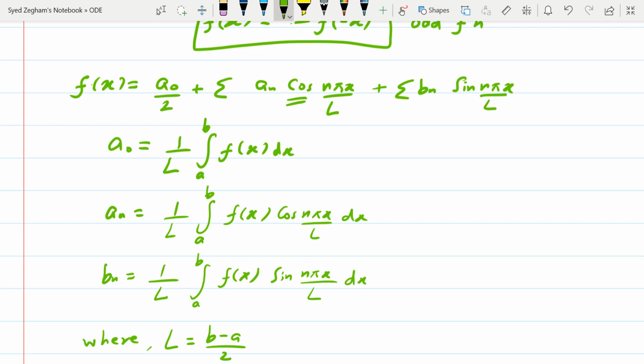This a and b are the interval where the function is defined, like you are finding the Fourier series of some function f of x which is defined on the interval a to b.